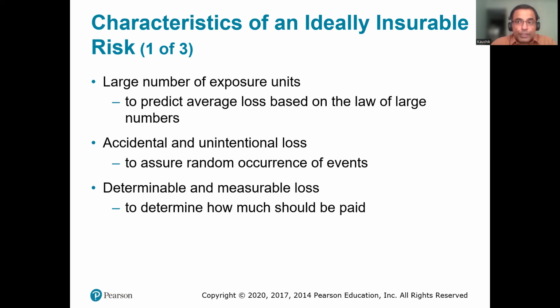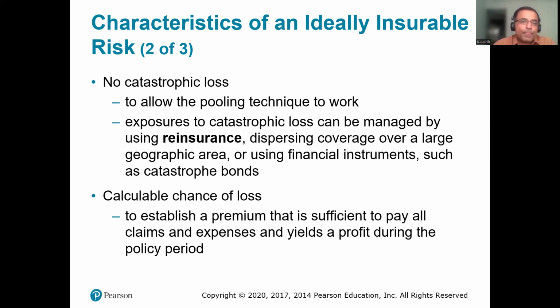The losses should be random in nature. It cannot be deliberate and the losses should be determinable and measurable. So that will help the insurance company to decide how much it needs to pay out in case of loss.